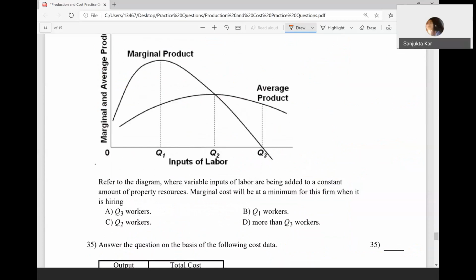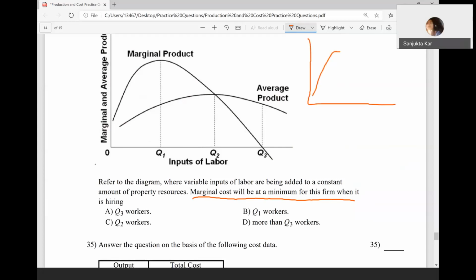Okay, question number 34 here. We still have this question here telling us the marginal cost will be minimum at what level. So I want you to notice something. We do not have the cost curves here, but I want you to know that productivity curves and cost curves are mirror images of one another.